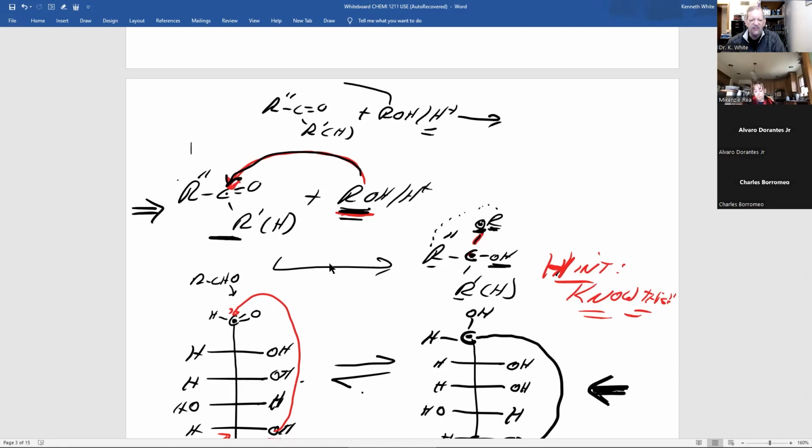And this oxygen attacks the carbonyl carbon. What's attached to it, R prime or hydrogen. In the case of glucose, R prime is hydrogen, R double prime, OR, OH.